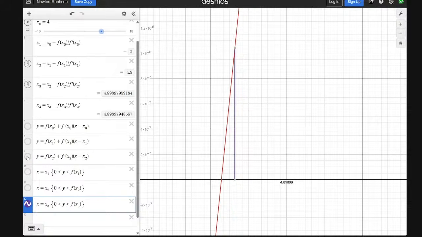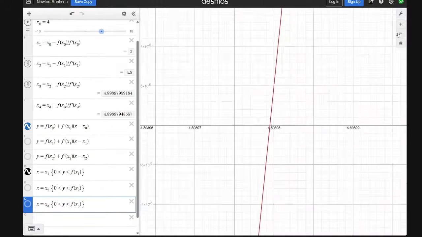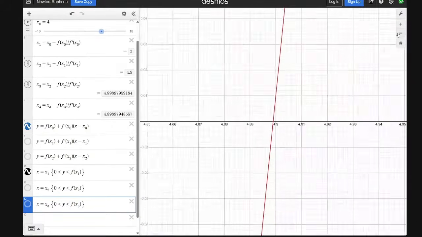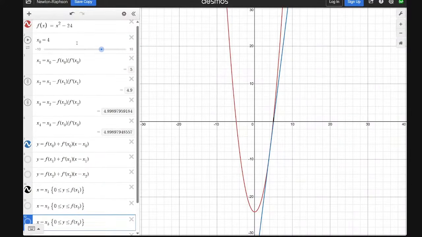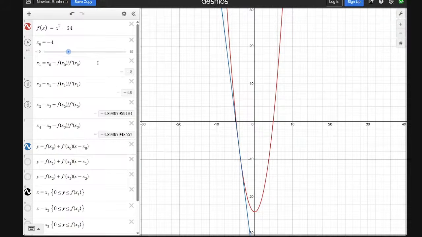Now, as I have mentioned earlier, we also have a negative root for this solution. Let us change the initial guess and check if we can find the negative root as well using this Newton-Raphson method. In this case, we will be considering the initial guess x equal to minus 4.